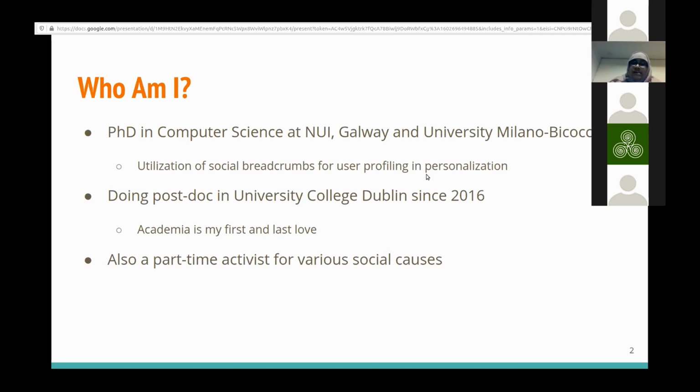So it's kind of like I've changed domains a little bit, but now there's so much intersection between different areas, so I don't feel it much. But information retrieval and recommender systems and all that is my first love. And I've been doing a postdoc since 2016, so it's a long, long time, but I love academia and no plans to change it for now.